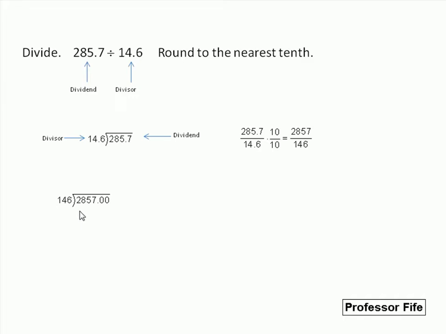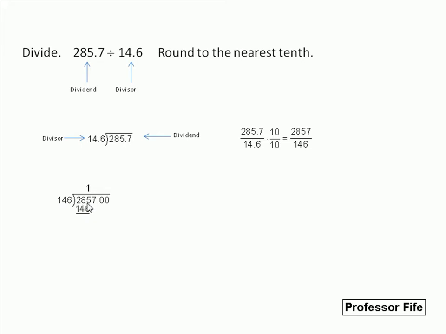Okay. So to start the division, I'm dividing by 146. I'm going to take this one digit at a time. I know that 146 doesn't divide into 2, doesn't divide into 28, but it will divide into 285. It'll go in one time. So the 1 comes up right above the 5, and 1 times 146 is 146.